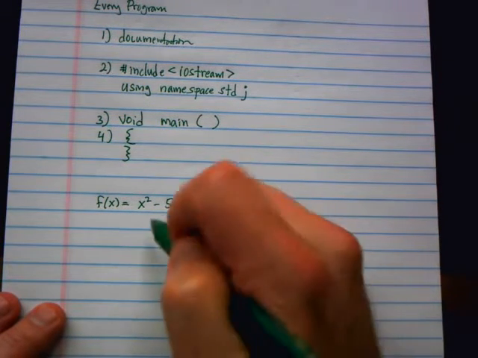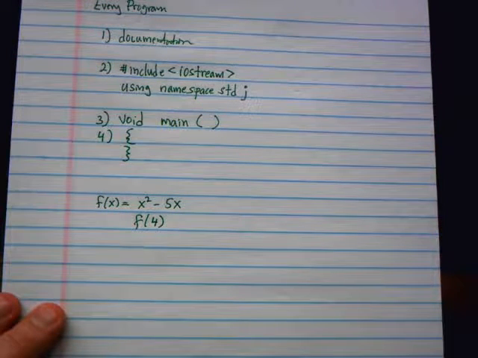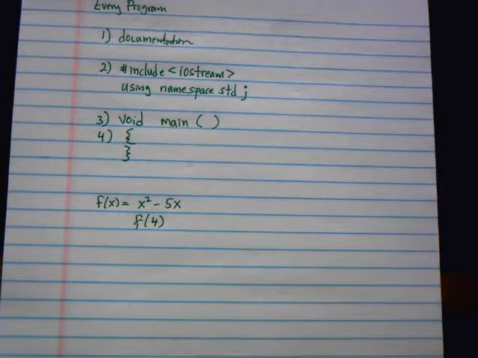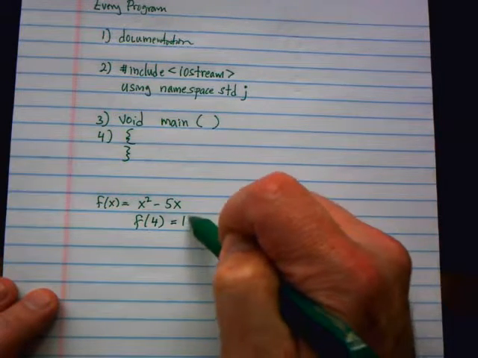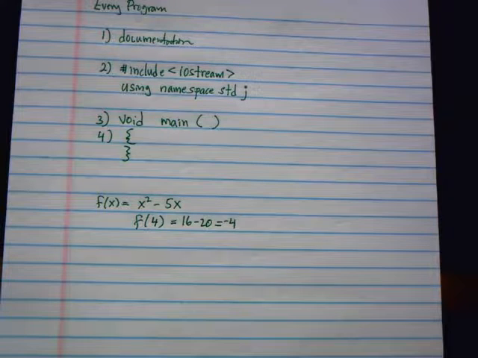And then I might ask you, find f at 4. And what does that mean? It means plug in 4 for the x's and see what the answers are. In this case, we only get one answer, right? So we would plug it in, we would get 16 minus 20, we would get negative 4. That's what a function is in math.